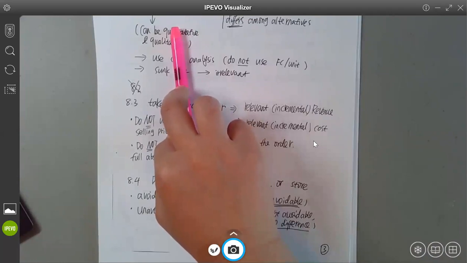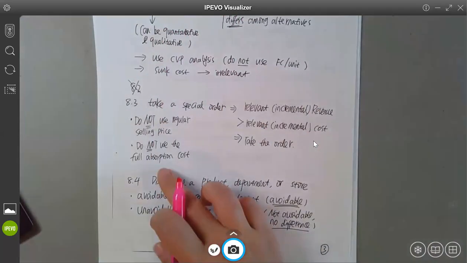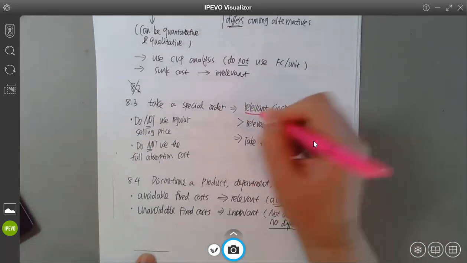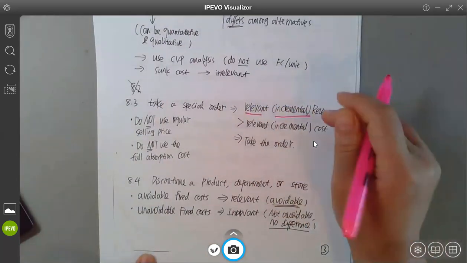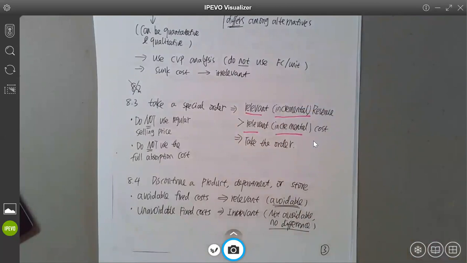If fixed cost changes, you have to also analyze the fixed cost, but I just give you a very simple example. We don't use the full absorption cost. We just compare our relevant, or incremental, revenue and relevant, or incremental, cost. If you earn 8, you just have to spend an extra 6, and then you should take the order.